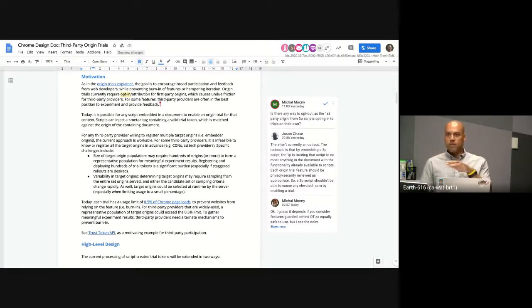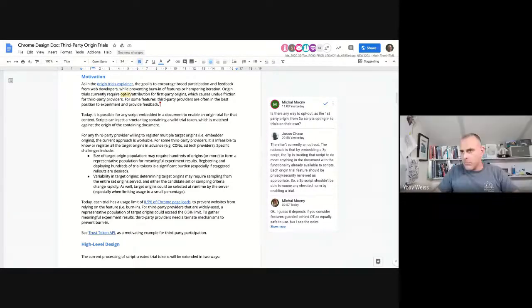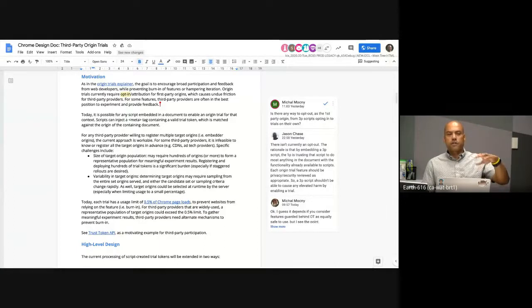You still pick which pages, but Chrome will then also apply a 5% holdback, where it will be consistent. It's based on the Finch infrastructure. It'll be the same users, but those will never be able to participate in the trial, even if you provide the token. So I'll stop talking there, otherwise I'll just ramble on.